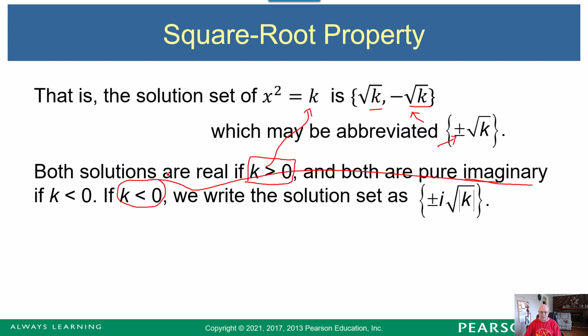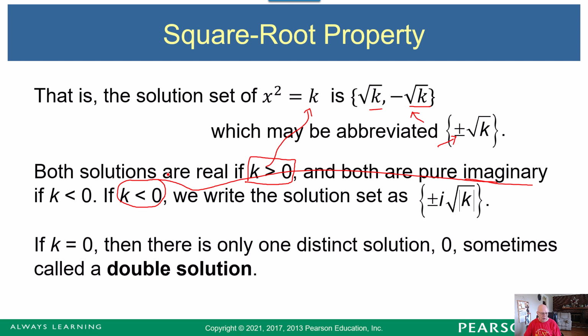We've got 17 instead of k. K is sort of a generic variable for a number. Now notice this is positive. Since that's positive, we're going to get two real roots. If this were negative, then we'd get two pure imaginary solutions.